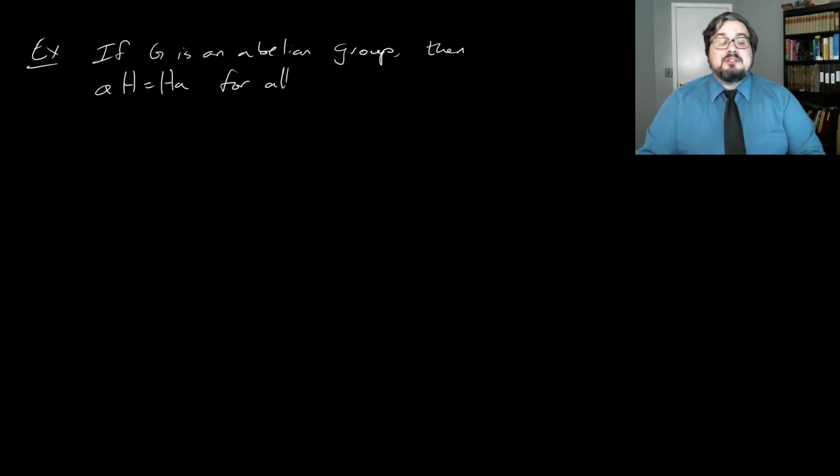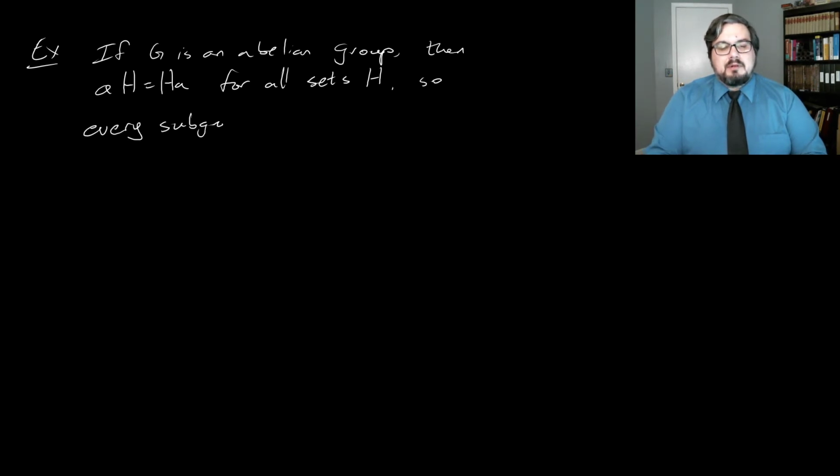First of all, note that if G is an abelian group, then we have that AH equals HA for all, not even just all subgroups, we have this for all sets H. So in particular, this means every subgroup of G is normal.